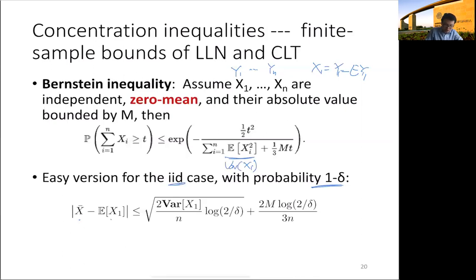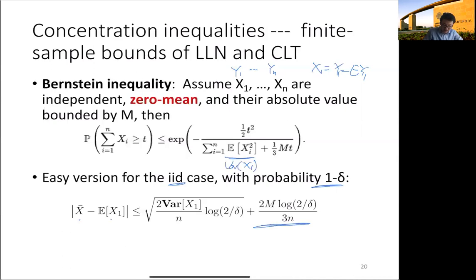In the IID case, it doesn't matter whether you do x1 or xk or x1000, they're all the same. And the boundedness does still enter the picture, but it enters through a term that's substantially smaller.